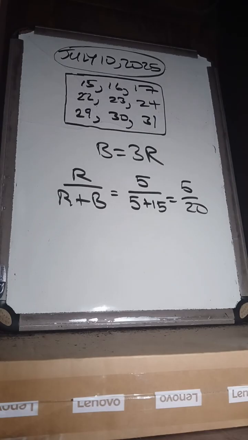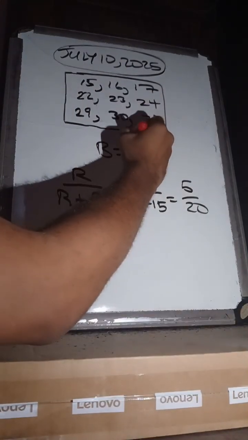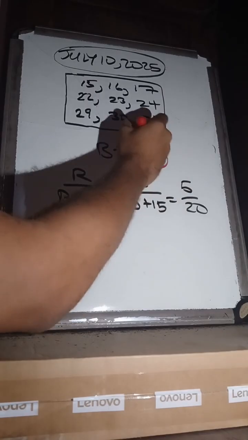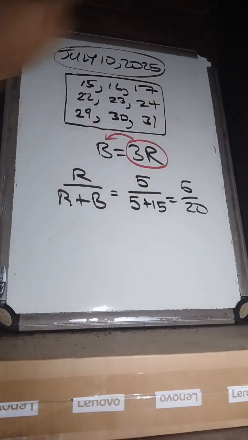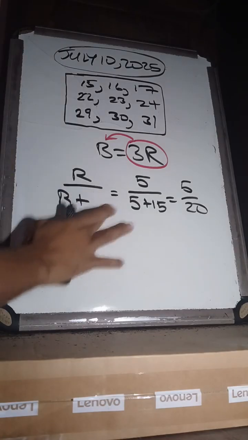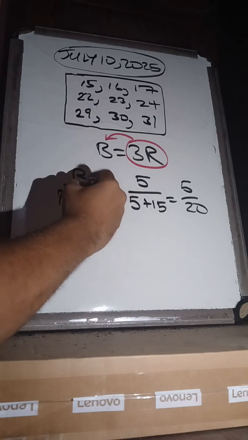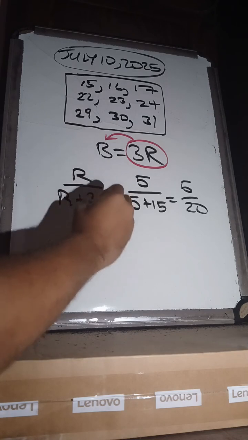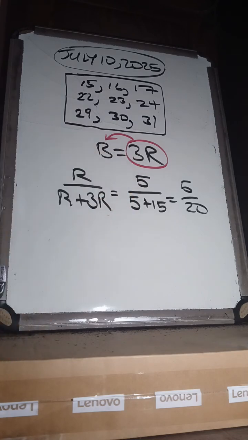Now here's another neater thing that could have happened. If B is equal to 3R, then we could just call this 3R instead. And that makes sense.